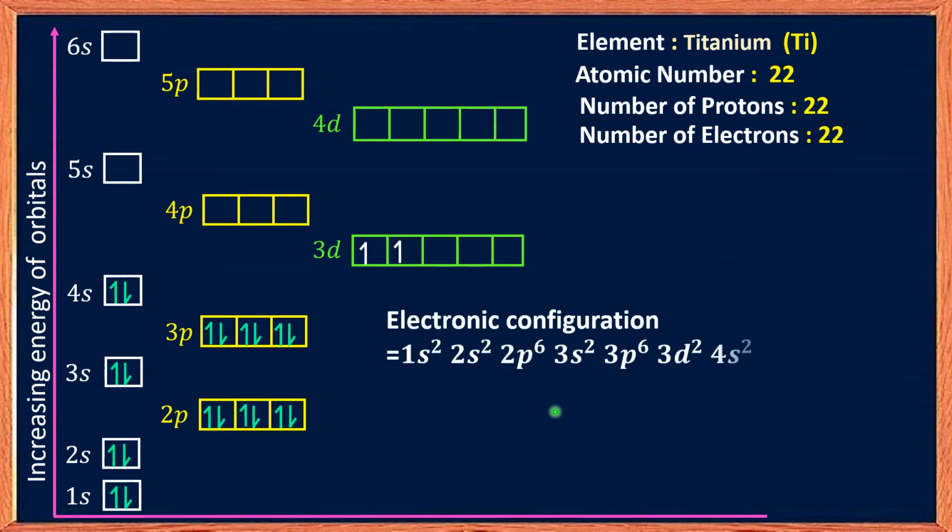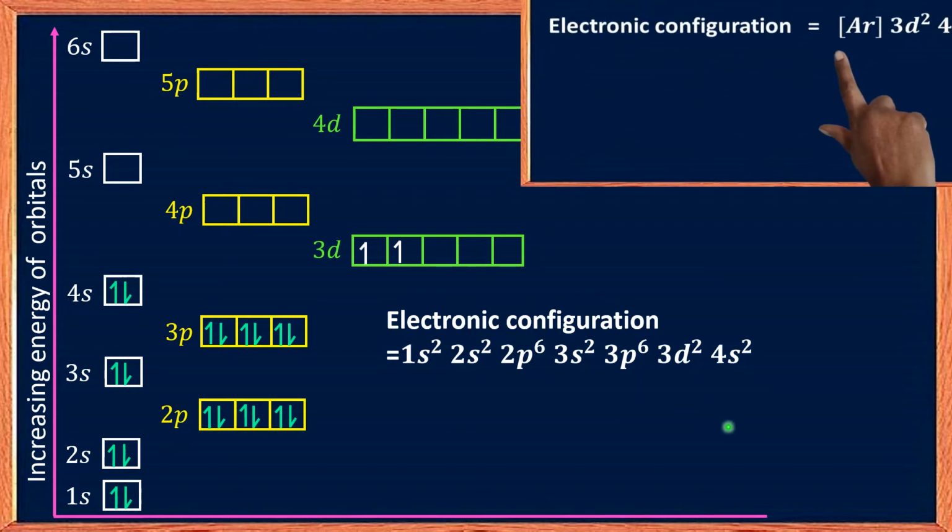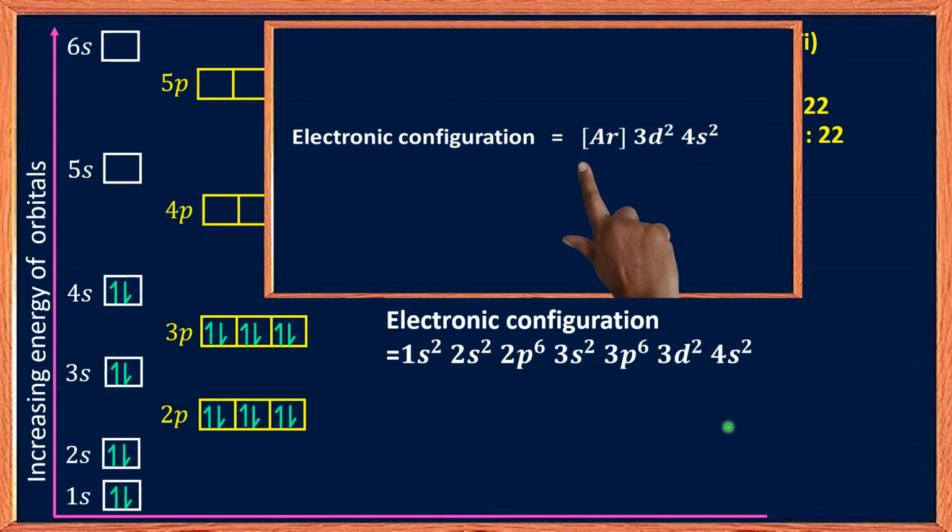So in this way the electronic configuration is 1s2, 2s2, 2p6, 3s2, 3p6, 3d2, 4s2, because in 3d we have 2 electrons. In short we can write this electronic configuration as argon 3d2 4s2.